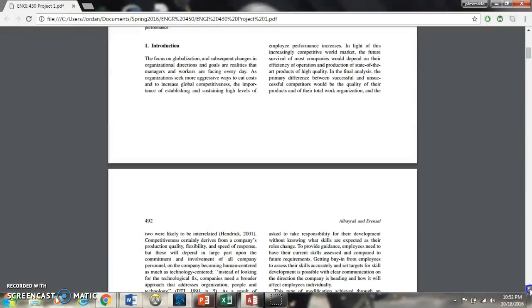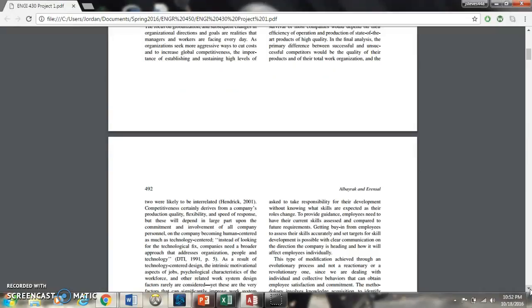But they talked about how if these technologically centered methods aren't also related to a human-centered method and how humans interact with machines, then they usually fail. So they're trying to talk about the importance of human-centered study and how humans interact with machines to make things more efficient.